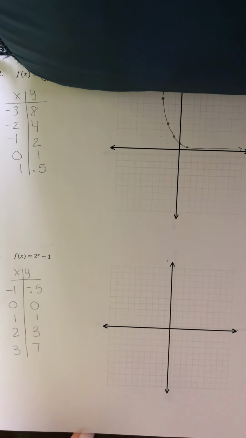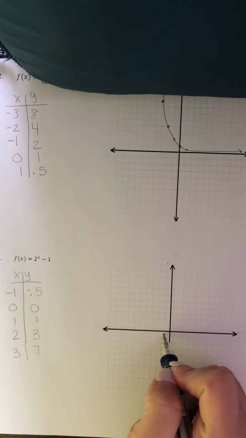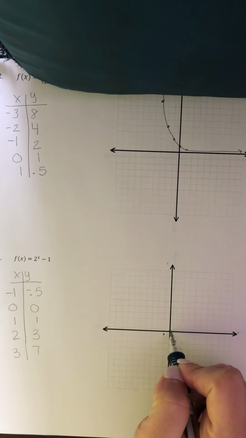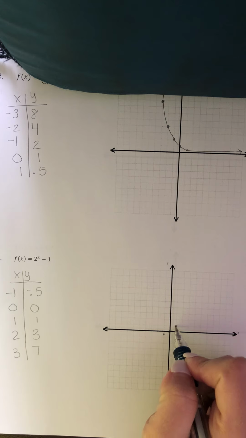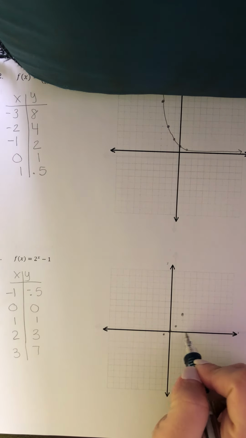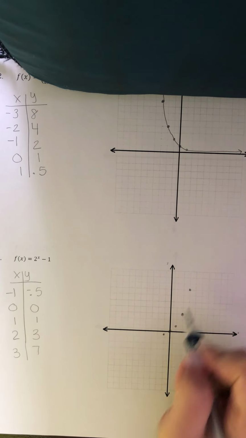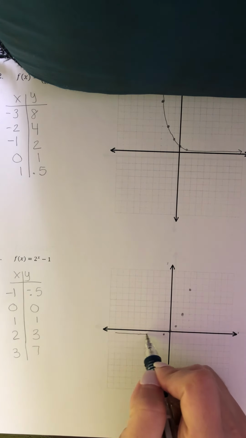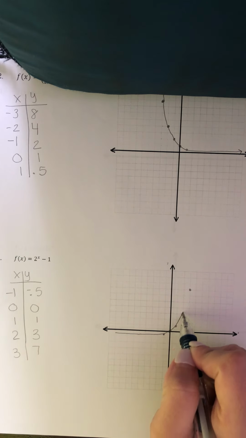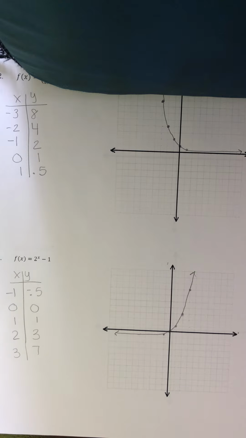I'll move this over so you can see the graph better. Again, connect these, but don't touch that line below it because it's getting closer and closer, but never touching.